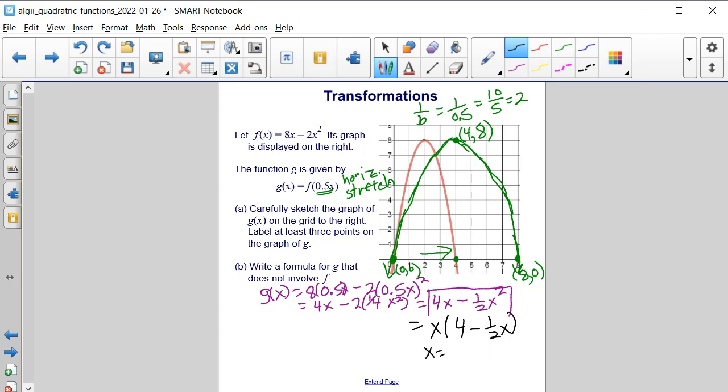So x is either 0 or 4 minus 1/2 x is equal to 0. If we add 1/2 x to the other side, we get that 4 is equal to 1/2 x. So our x value, or other x-intercept, is going to be 8. So that does verify that our two x-intercepts for this quadratic function are the origin and (8, 0).